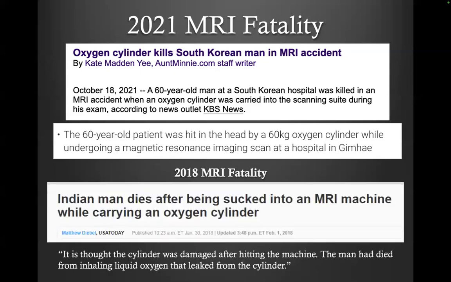The fatality before that was in 2018 in India. A man died after being sucked into an MR machine, again carrying an oxygen cylinder. Although this man was not killed by the cylinder itself, he was struck by it, and he also died from inhaling liquid oxygen that leaked from the cylinder.